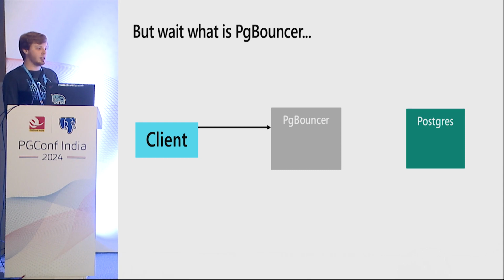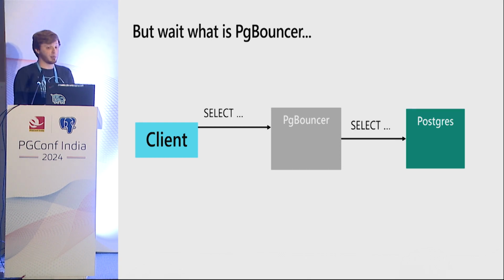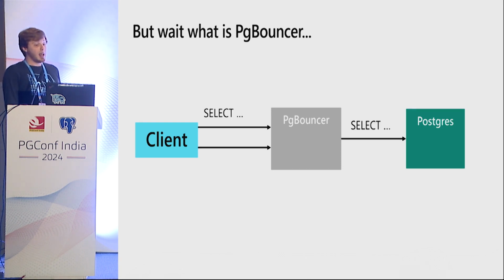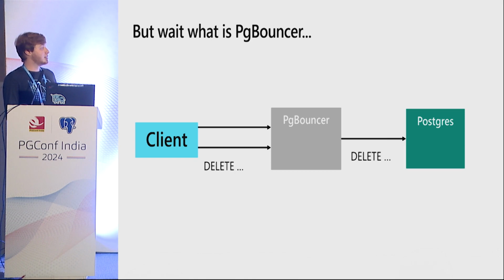And what that means is that when it gets queries from clients, it will forward them to Postgres, and it will try to use as few connections to Postgres as it can to do that. So it won't open connections one-to-one. When it gets a second connection, it won't instantly open a second connection to Postgres. It will wait a bit, and once the select is finished, it will send a delete over the same connection to Postgres.